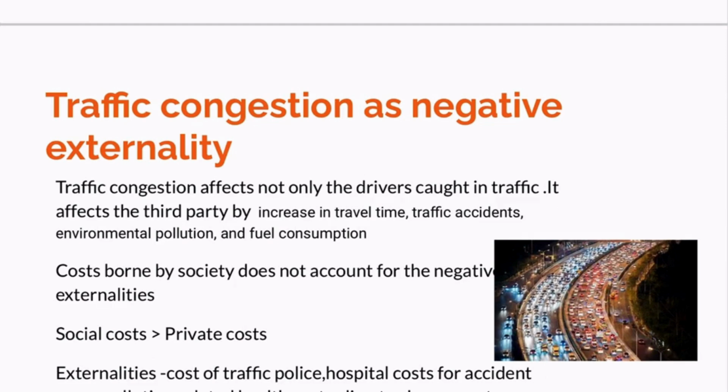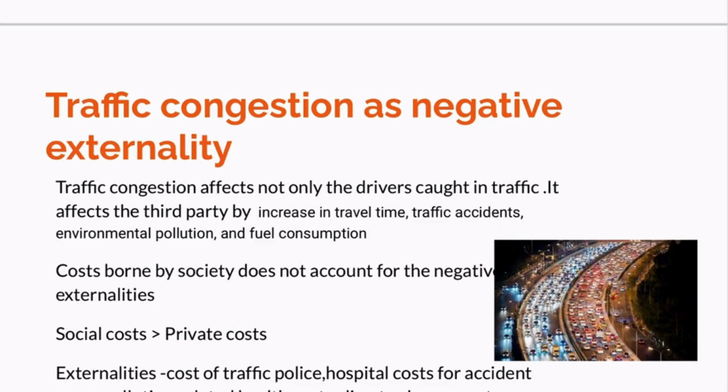There could be an increase in fuel consumption because the vehicles would be idling, and there could also be environmental pollution because of congestion, right? And these costs, which are borne by the society, could be called the negative externality. And these negative externality costs are not borne by the stakeholders here, right?